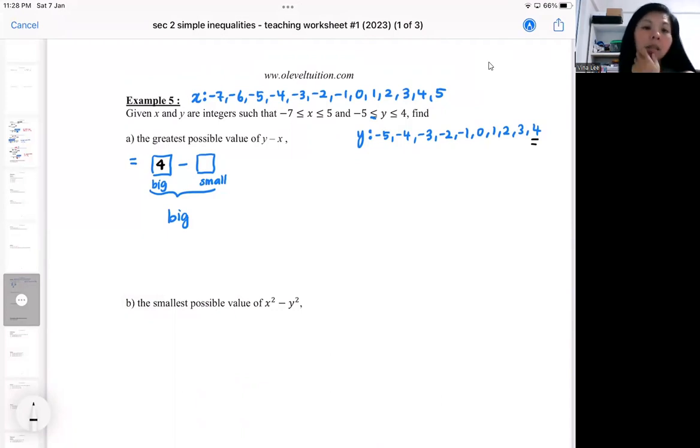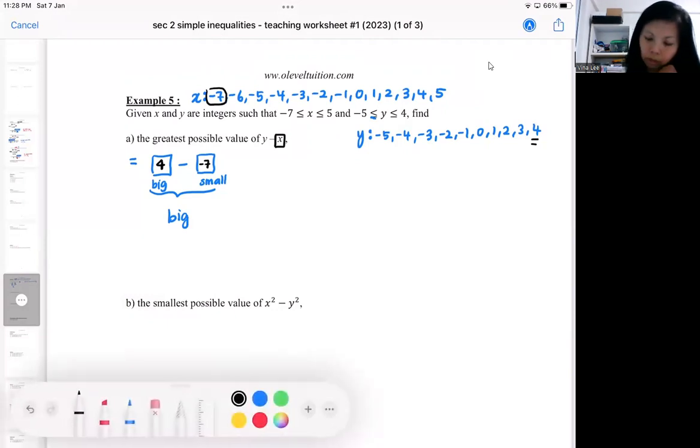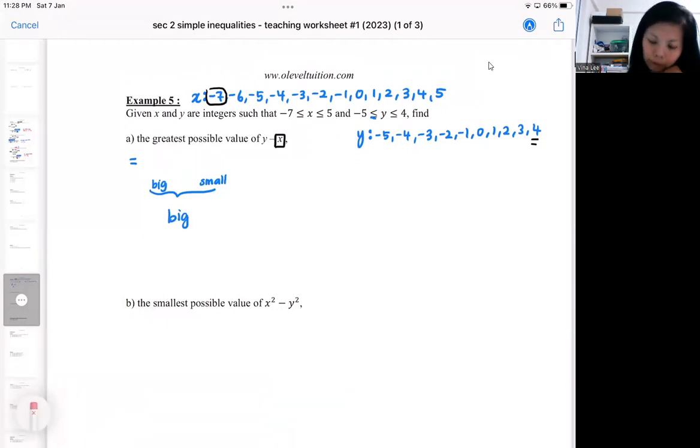The smallest x that I can have, so it's y minus x, this part is the x, the smallest x I can have is a -7. So you will be doing a 4 minus -7. And then the biggest possible will be 11.